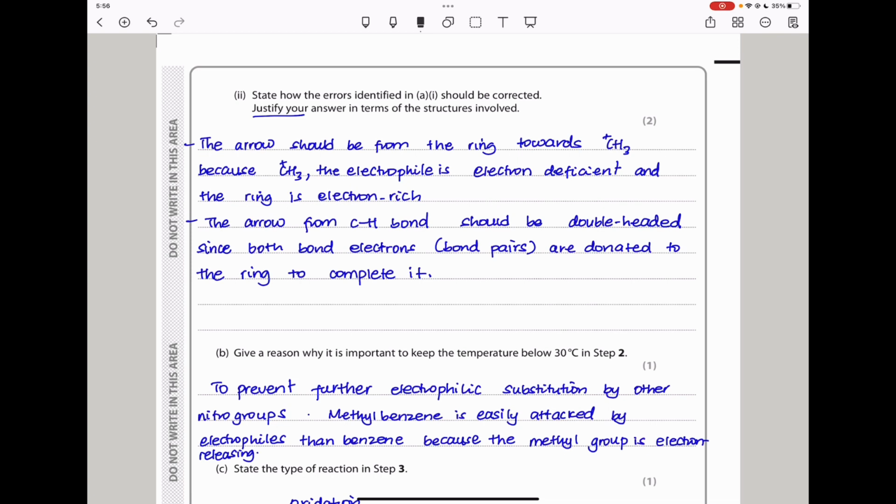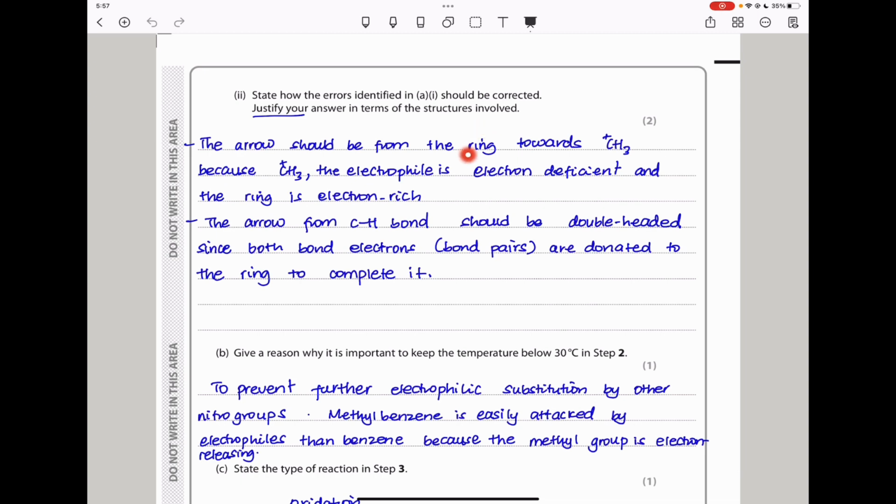Here they say, state how the errors you have identified in A1 should be corrected, and they want you to justify your answer in terms of the structures involved. Like I've already explained to you, I say the arrow should be from the ring towards the CH3. Remember, the ring is electron rich, and this is the electrophile that is electron deficient.